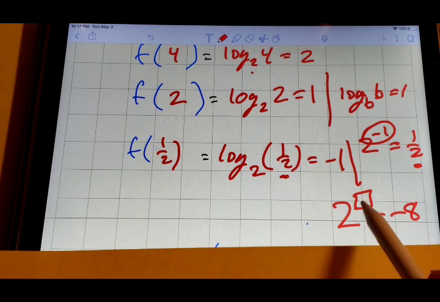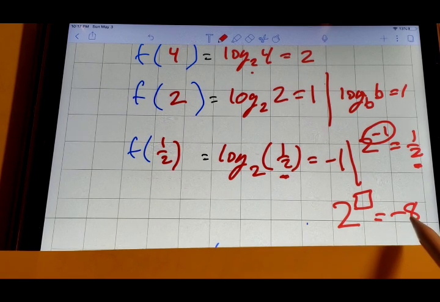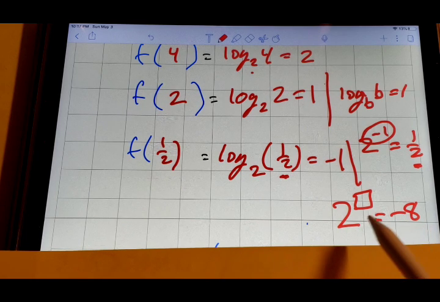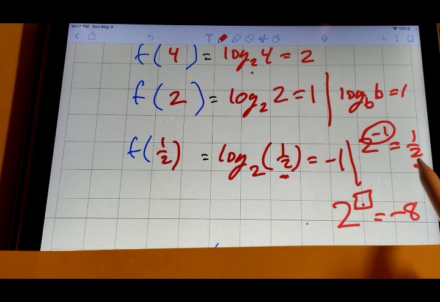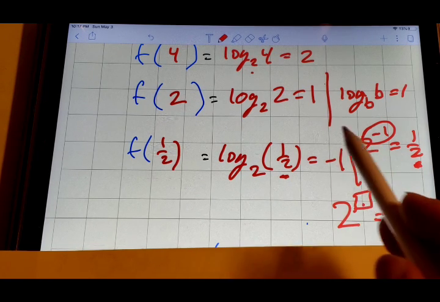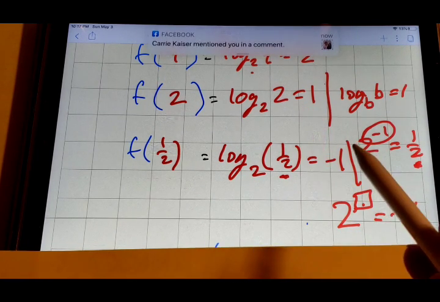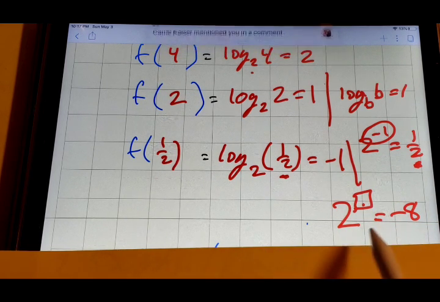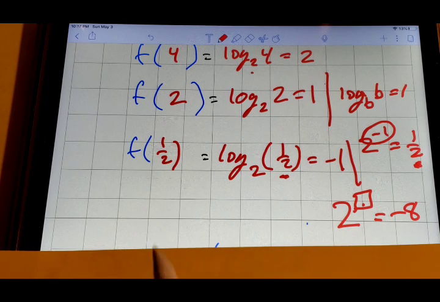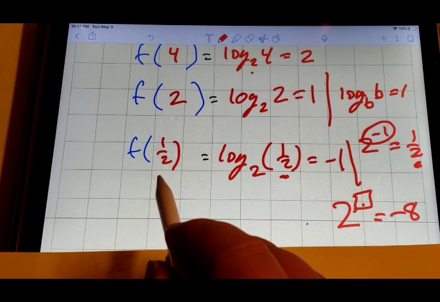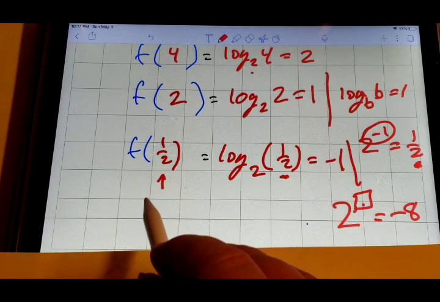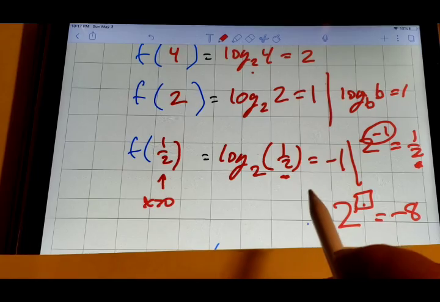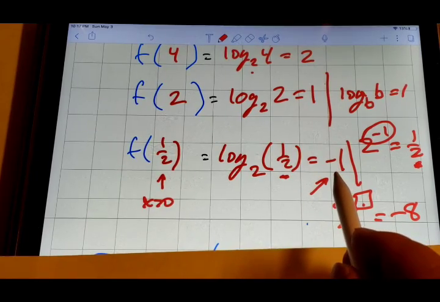Well, there is no number I can raise 2 to get a negative number. Just doesn't work. You have a positive exponent or positive base. A negative number makes a fraction. 0 makes it 1. 2 to the 0 is 1. But I'm just not going to find anything that solves this. So basically what I'm saying is the argument x has to be positive, but the answer can be negative.